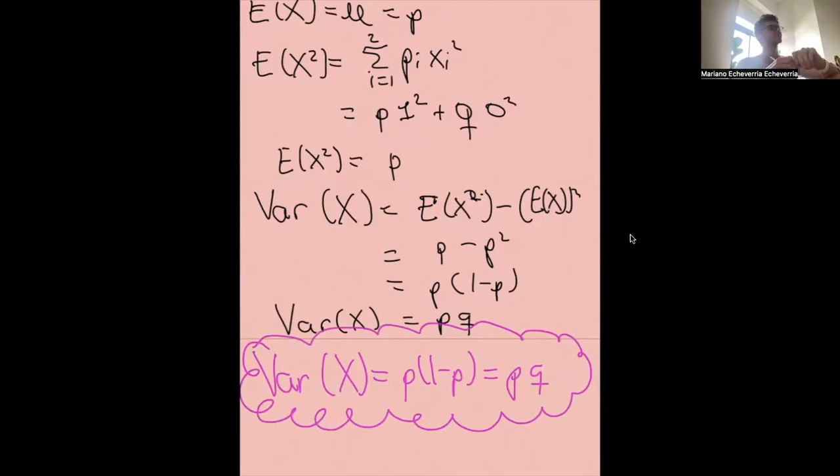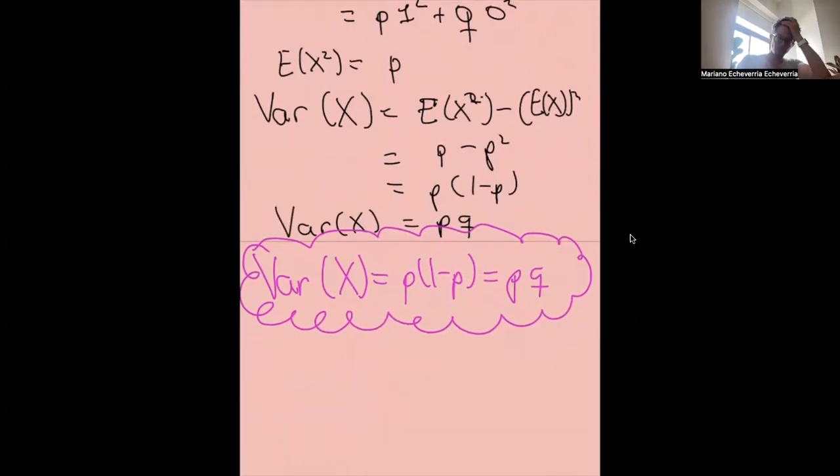Is that making sense? So in this case, again, you could think of this as the Bernoulli random variable. The p can go from 0 to 1, right? So for each value of p, you're getting a different variance, right?